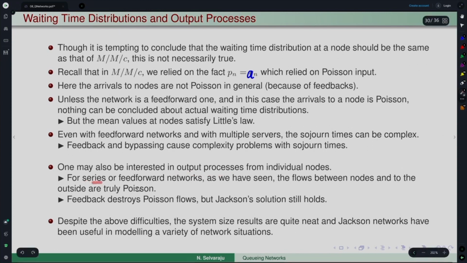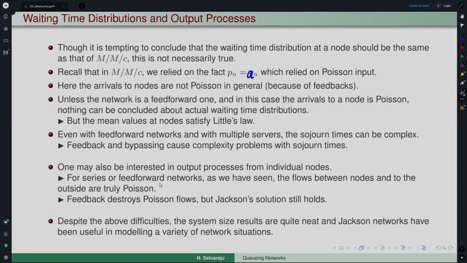As we have seen, for a series or feed forward network, the flows between nodes and to the outside world are truly Poisson, but feedback destroys Poisson flows, though the Jackson solution still holds. That is a plus point. But if the input itself is not Poisson, then what is going to be the output? It is very difficult to characterize.